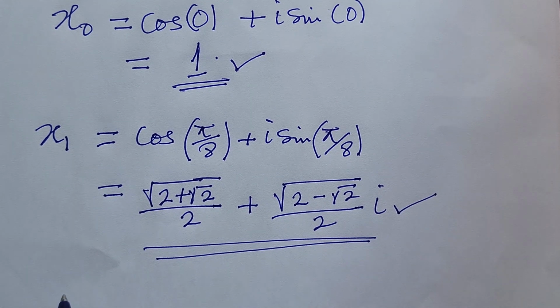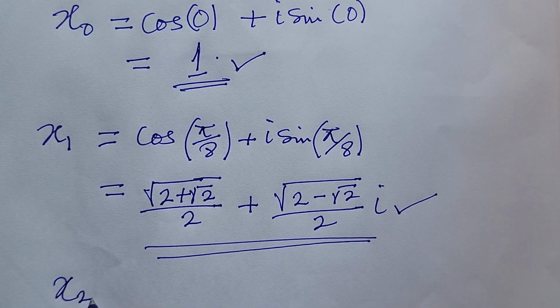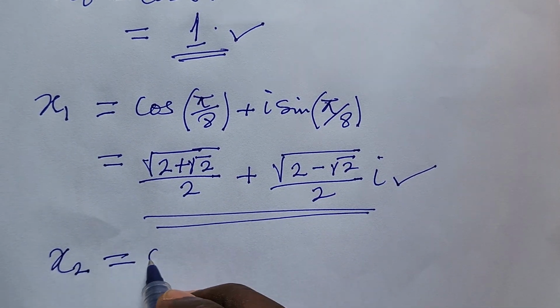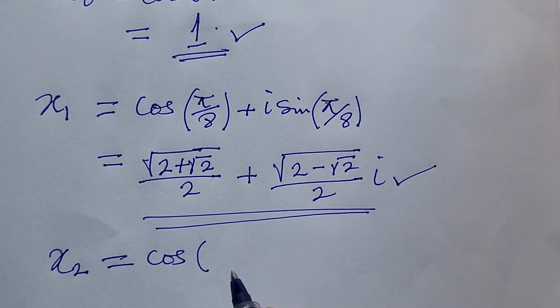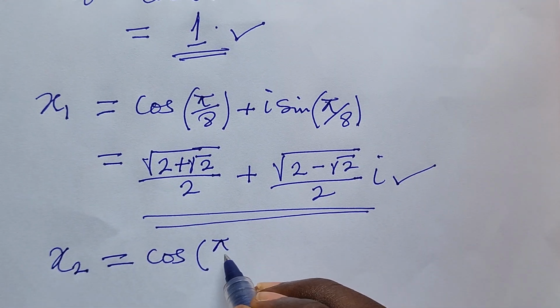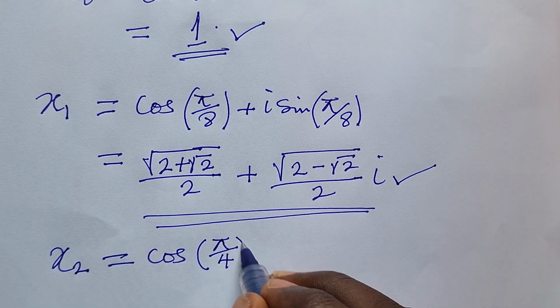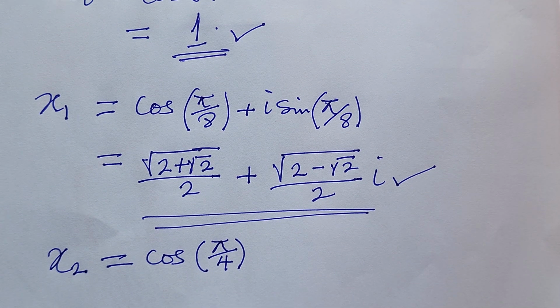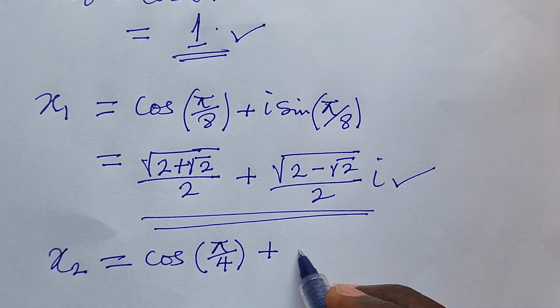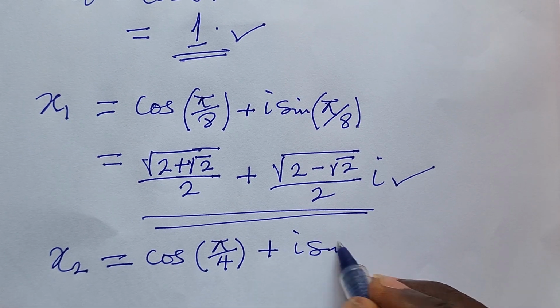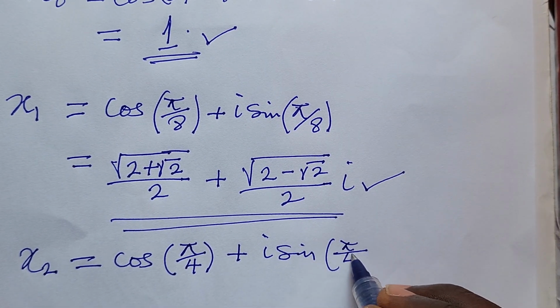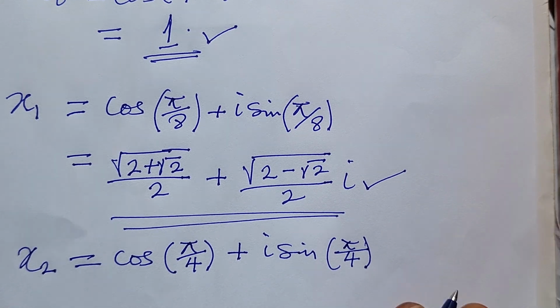So we go again for our x2. Our x subscript 2 will give us cos(pi/4), because definitely we're going to have 2 divided by 8 to give us 4, plus i sin(pi/4).